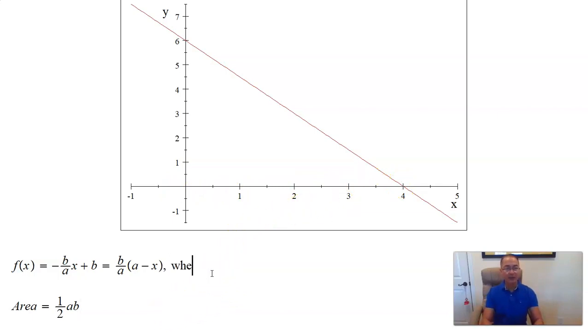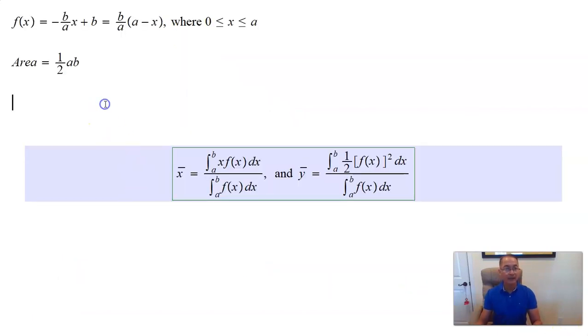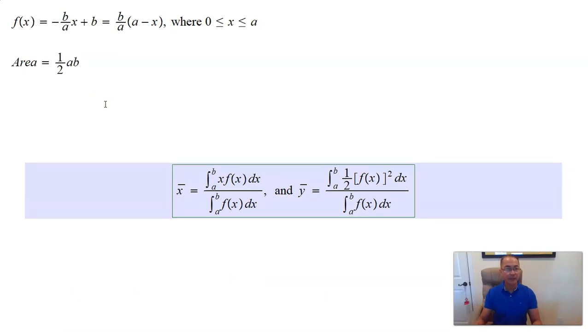Okay, so where 0 is less than or equal to x and less than or equal to a. That is our domain of integration. Okay, glad we settled that. So now we get to integrate the numerators.